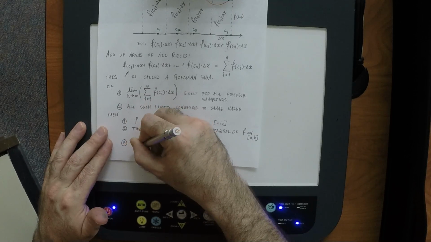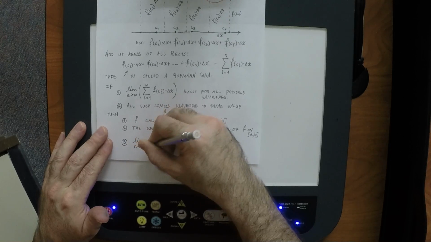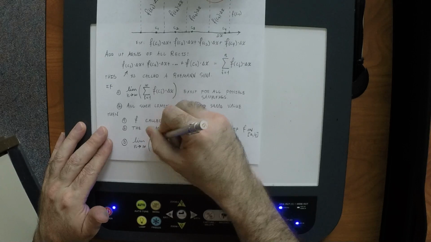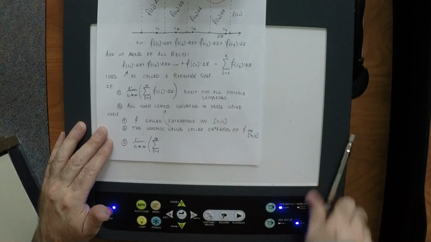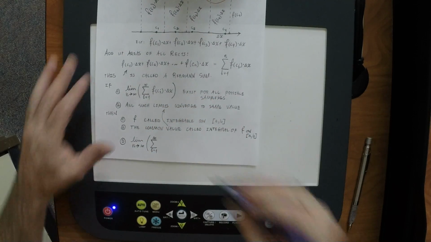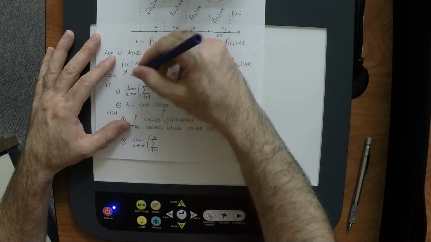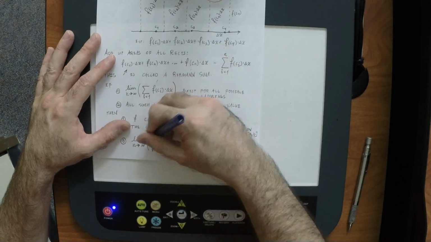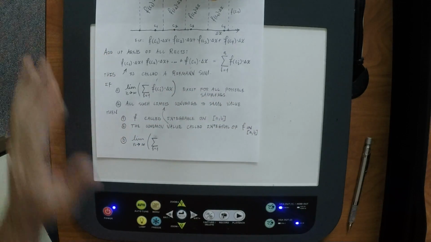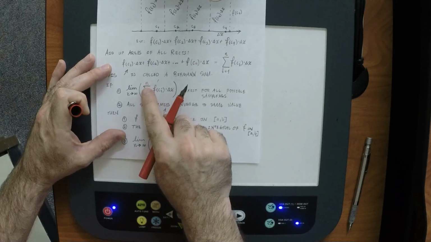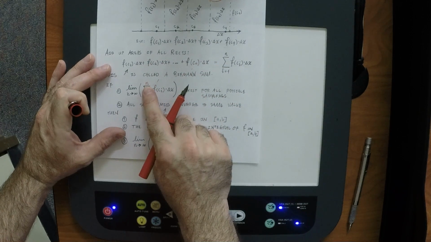the limit as n goes to infinity of the sum from i is 1 to n. Oops. Oh, look, I did it there too. That should be an n. So this thing that I'm writing in red here, that was formerly an infinity, but it needs to be an n.